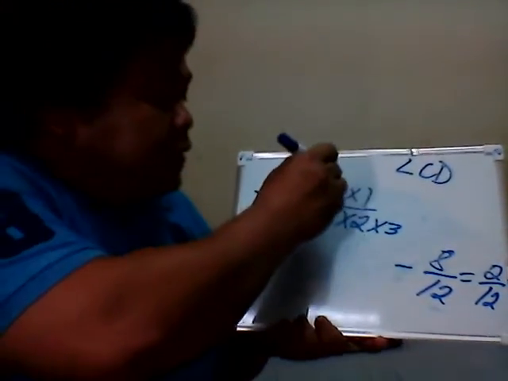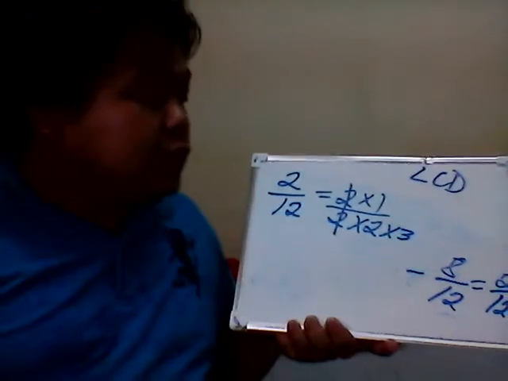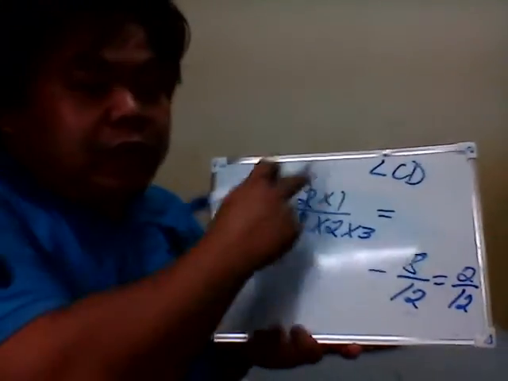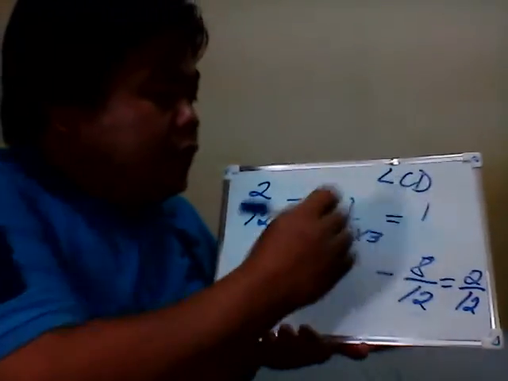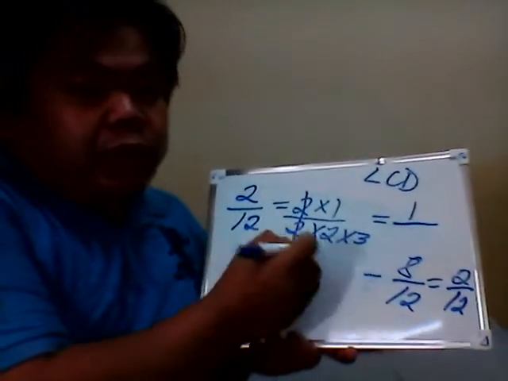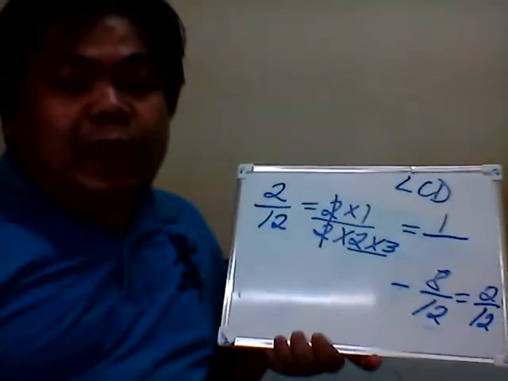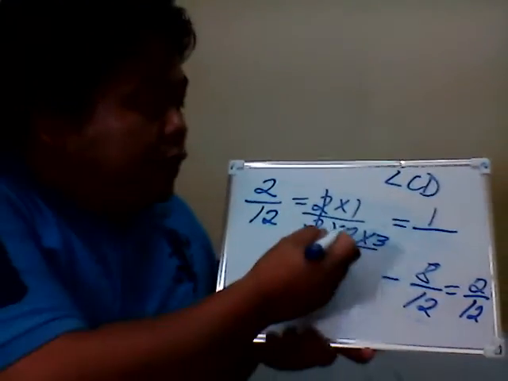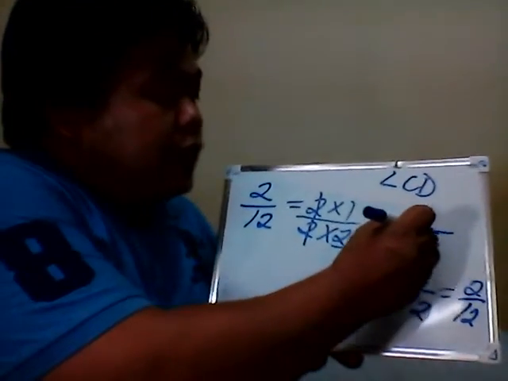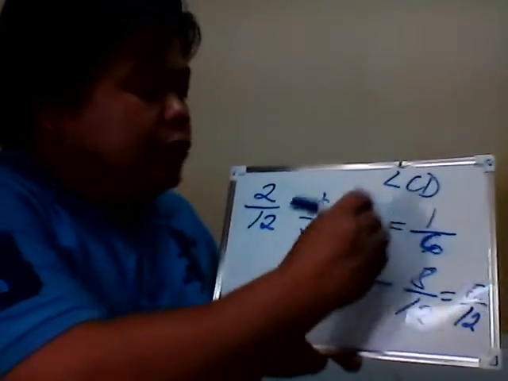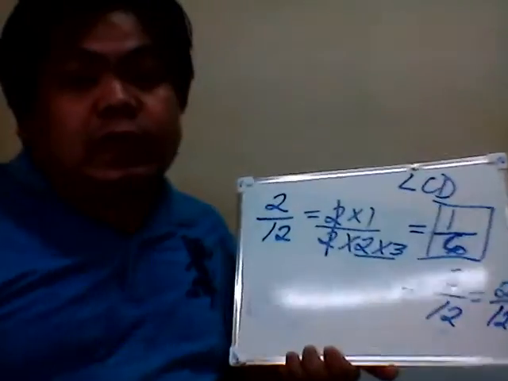Okay? So cancel the common prime factors. The remaining number in the numerator is 1. In the denominator, we have 2 remaining prime factors, so you just need to multiply them. 2 times 3 is 6. So the lowest term of 2/12 is 1/6.